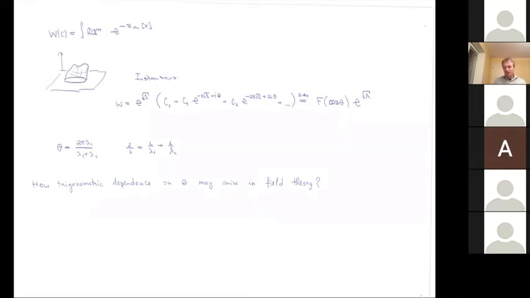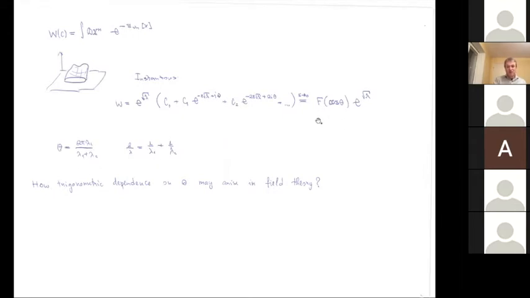Now, this is quite unexpected from the field theory point of view, because in field theory, I remind you that the string tension is dictated by the effective coupling, which is some average of lambda 1 and lambda 2, and theta is basically a ratio of the couplings.